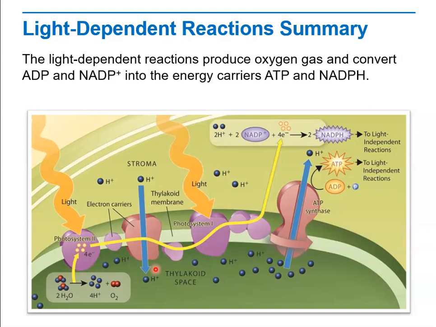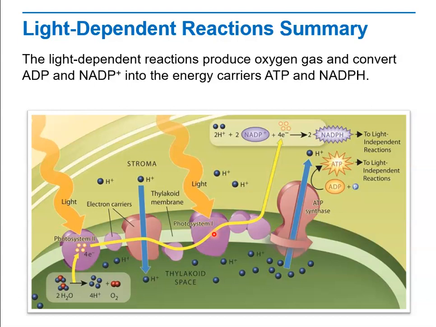into the stroma. Now, in the electron transport chain, we used up some of that energy that was stored in the high energy electrons. So then when the electron carriers transfer to photosystem 1, they absorb more light energy, recharging those electrons.